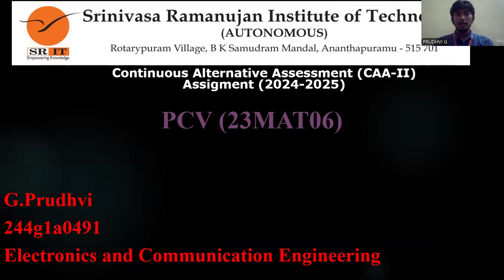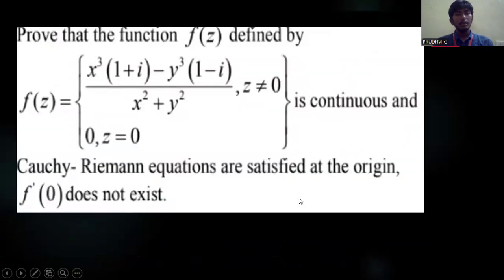And the topic is a problem on complex variables, complex differentiation. It goes like this: prove that the function f of z is defined by f of z equals x cube into 1 plus iota minus y cube into 1 minus iota, divided by x square plus y square, where z is not equal to 0.